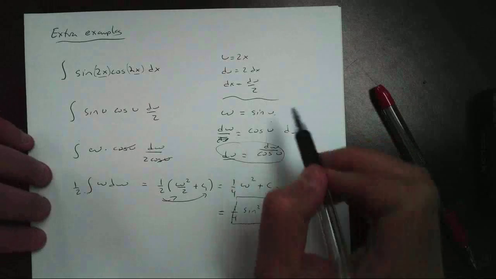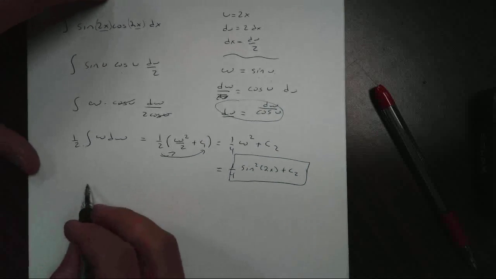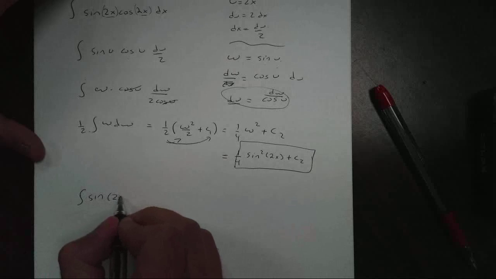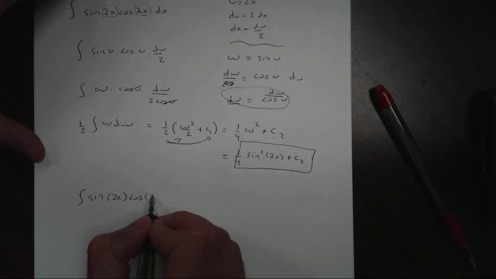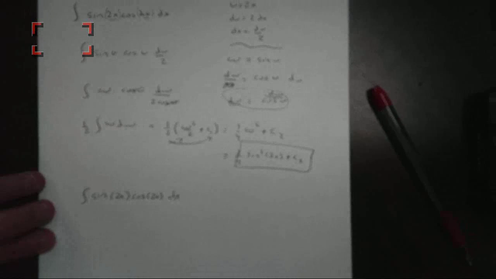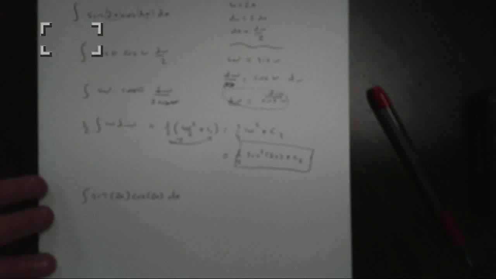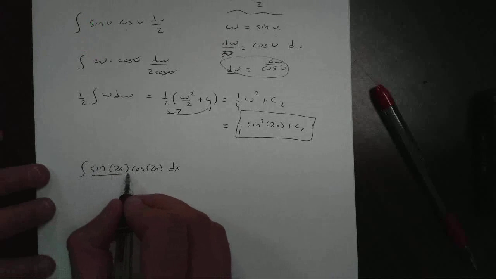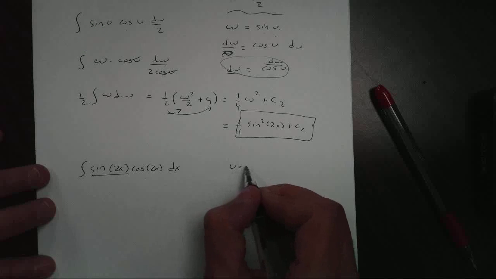U substitution twice. Now another way I can do this one, a little quicker: if I get the sine of 2x, cosine of 2x, dx, another way I could do this, I can let the sine of 2x be my u.